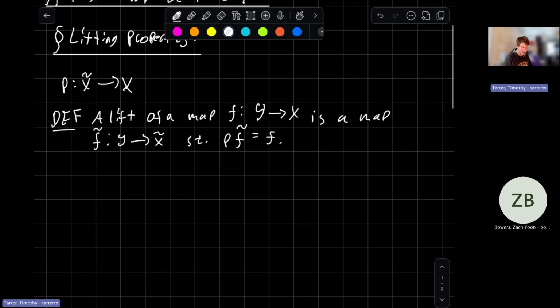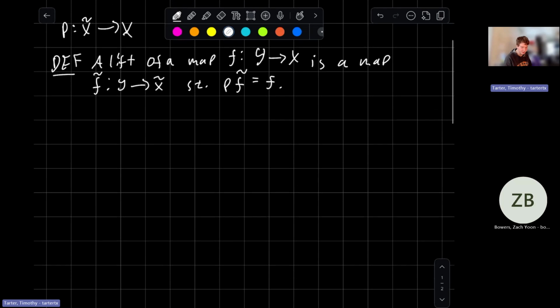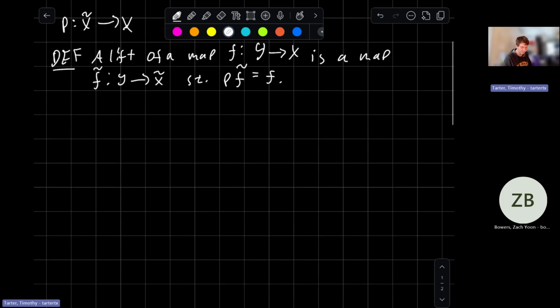We will describe three special lifting properties of covering spaces and derive a few applications of these.